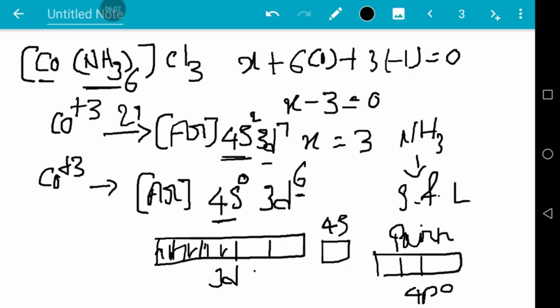Here, 2 d orbitals are vacant, so d2, and 1 s orbital. Next, the remaining 3 p orbitals we need. So totally d2sp3 is the hybridization of [Co(NH3)6]Cl3. So this is d2sp3 hybridization.